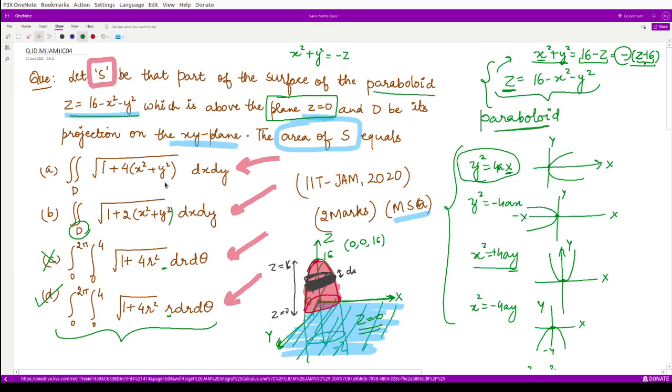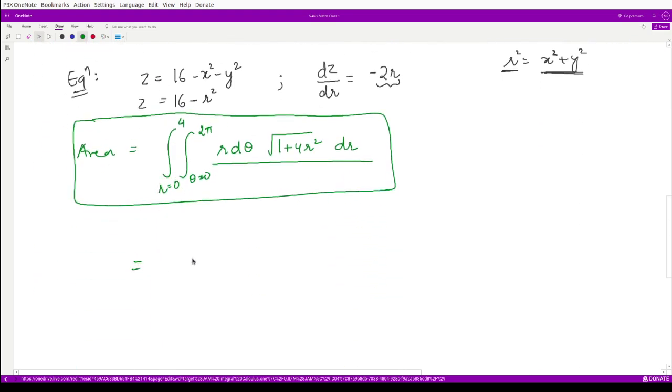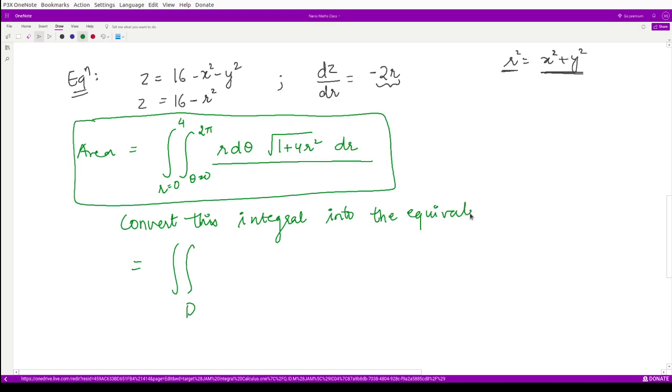So here, if you look at your area, it would be written as the projection over D. And if you convert this integral into the Cartesian form, so let's convert this integral into the equivalent Cartesian coordinates.